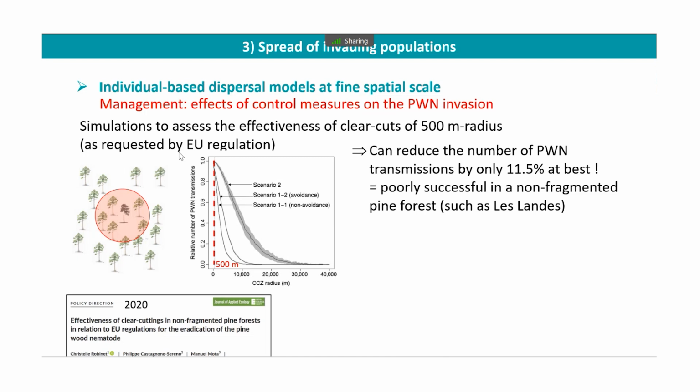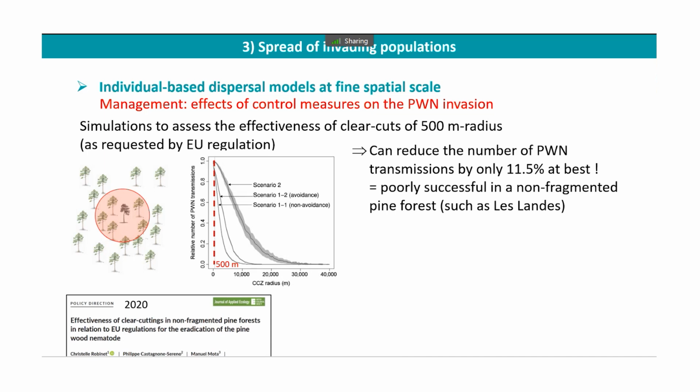And you can see here, this is the current European regulation, a clear cut of 500-meter radius. We can see that we can reduce the number of pine nematode transmissions by only 11.5% at best, because we consider several scenarios.